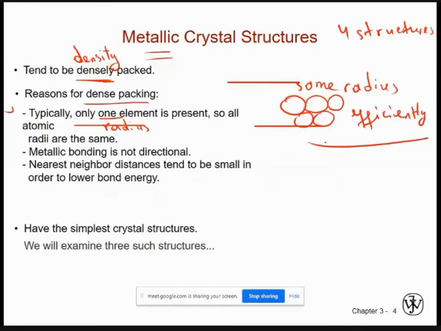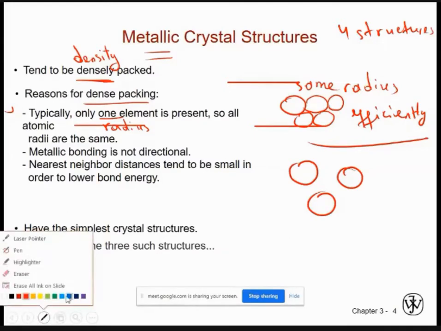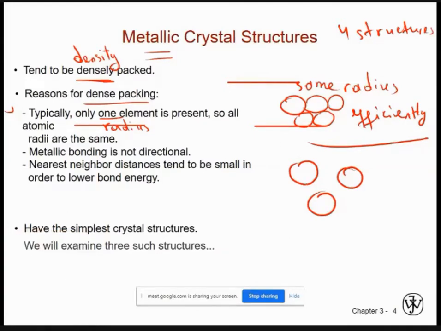Now imagine another scenario where I have two elements, one red, let's say, and another blue element which has a different, smaller radius. Let's get another red one again. So I now have two kinds of elements.